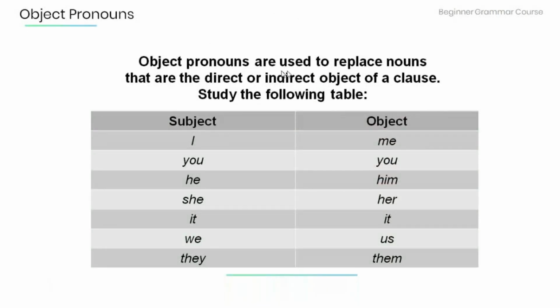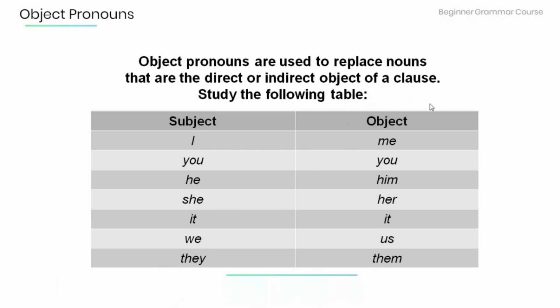Object pronouns are used to replace nouns that are the direct or indirect objects of a clause. Let's have a look at the table below. When we want to use a pronoun as the subject of a sentence, we use I, you, he, she, it, we, or they.